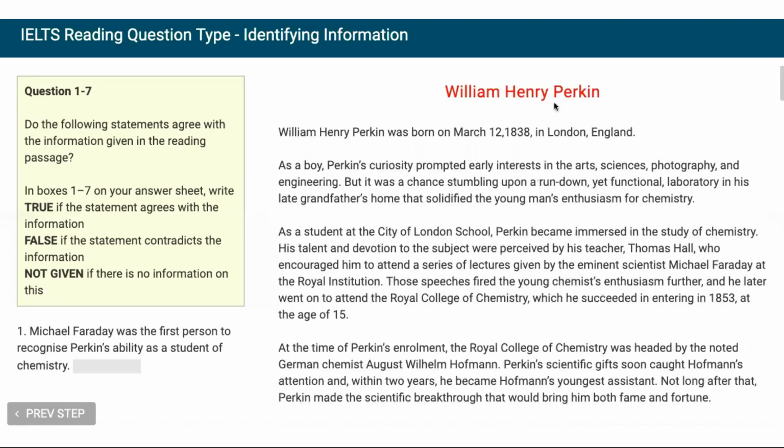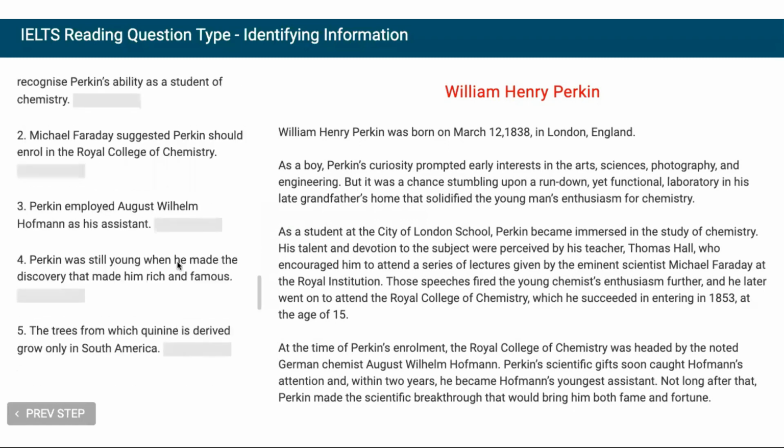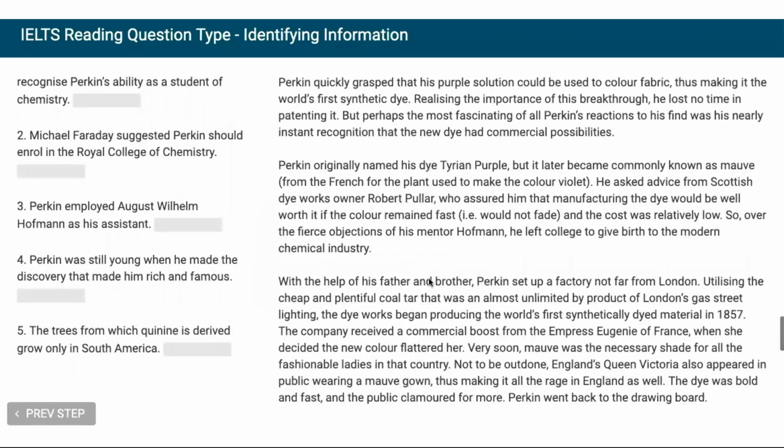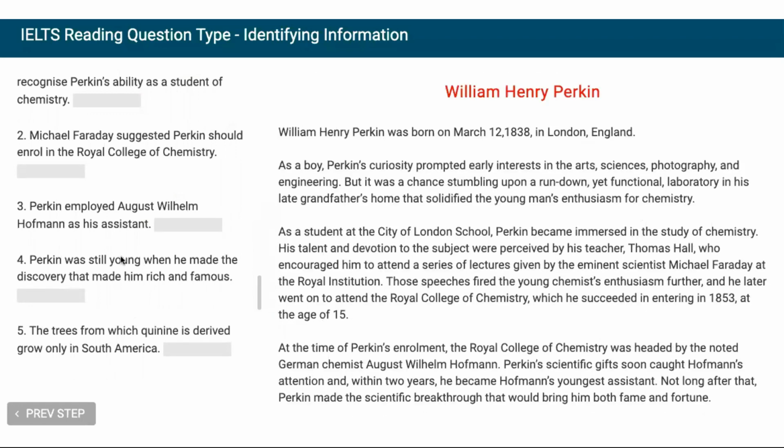So for example, if you are an expert on William Henry Perkin by chance, and you know all about William Henry Perkin's life, you don't need to use that information. In fact, you mustn't use that information when looking at these questions. You only want to answer these questions based on the information in the passage. This is extremely important.